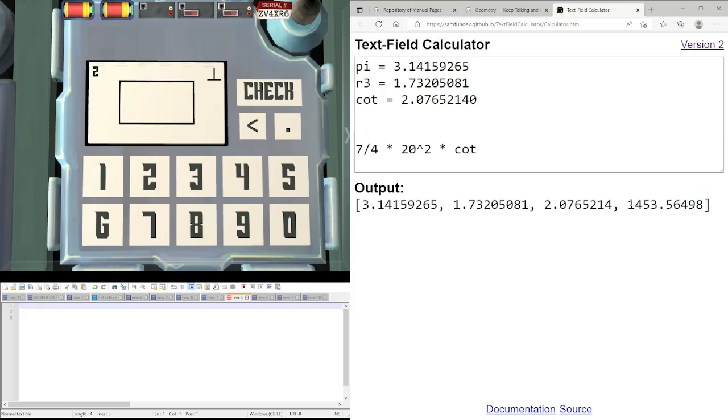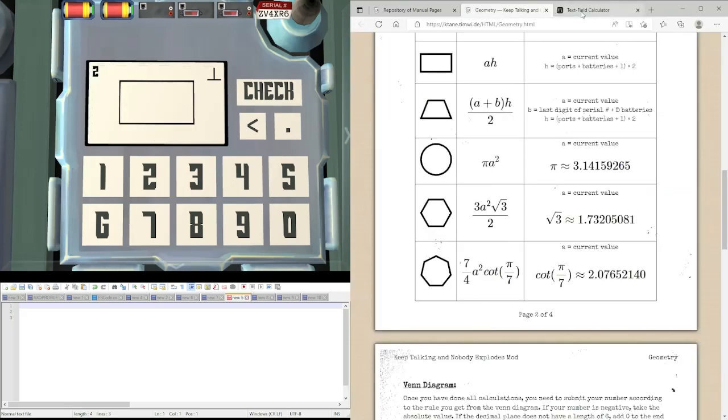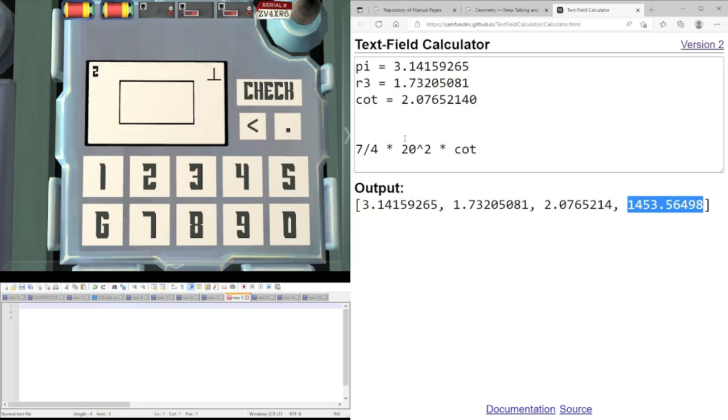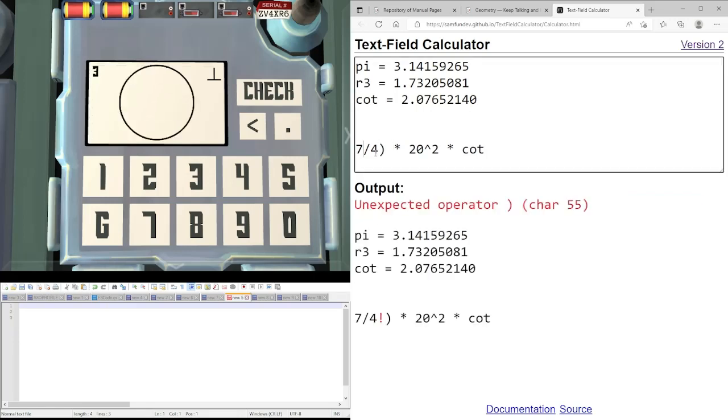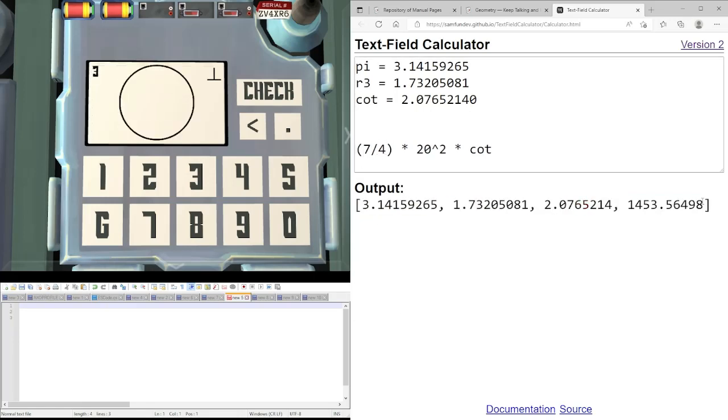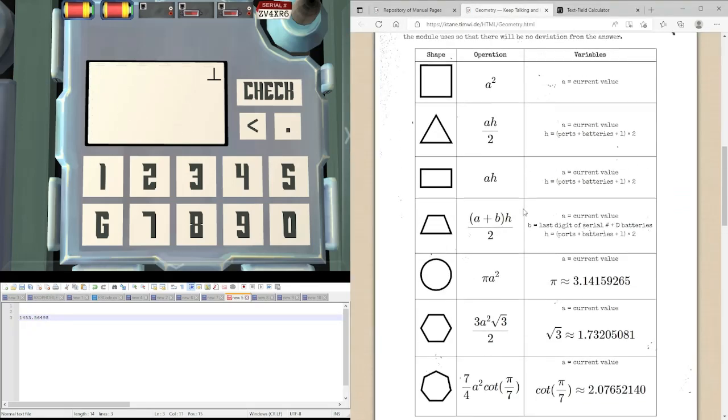So we get this value. Just to make sure, I'm going to quickly put this in brackets. You can never be too sure. And this is less than 60 degrees here, so we can leave it as is for now.